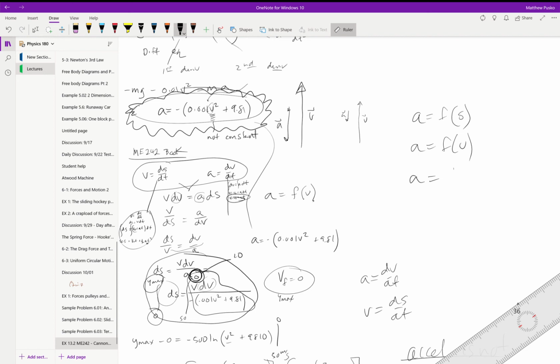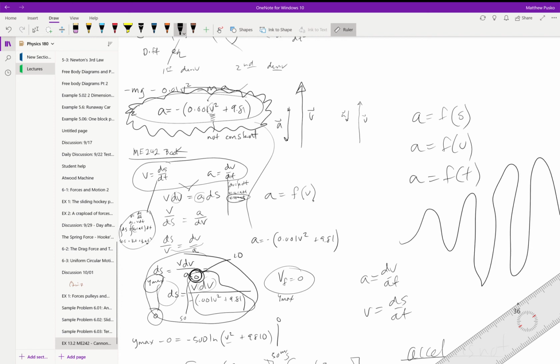It can definitely be a function of time. The acceleration can look like any kind of thing you can possibly plot on a graph. How about that? Not just a parabola like we've been looking at. It can be anything. And that's because forces can be anything, right?